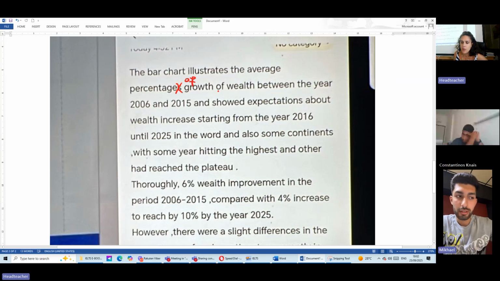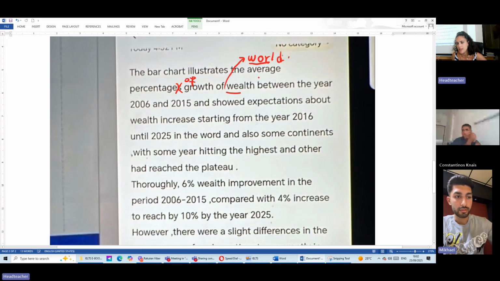And also, Michael, you've missed the fact that it's the world wealth. So, Constantinos, do you clearly understand that we speak about the world wealth? Do you think it's okay for Michael to skip the world wealth, or is it important to include it in his writing? If Michael wrote about the different regions, then he maybe could skip the world.